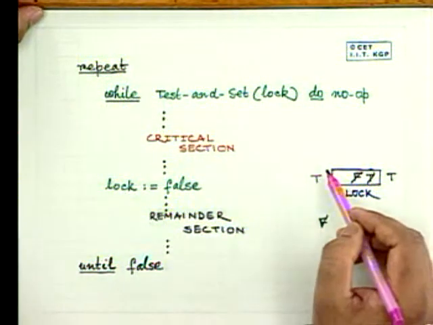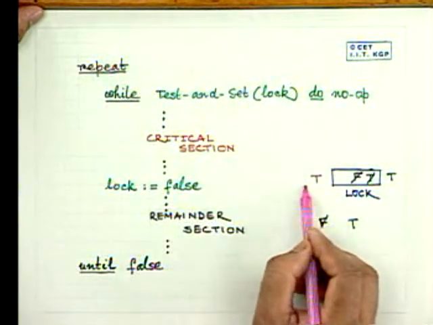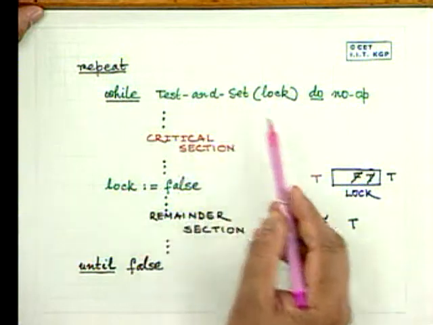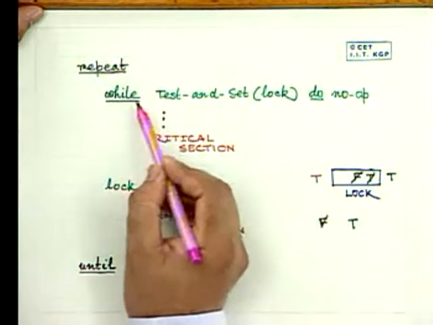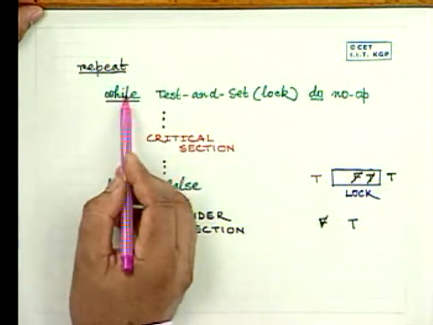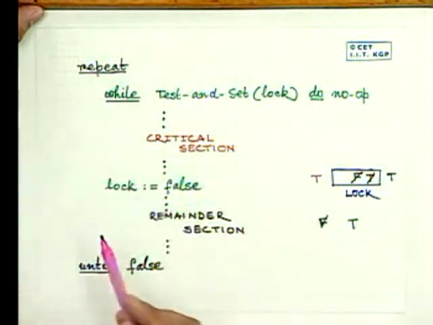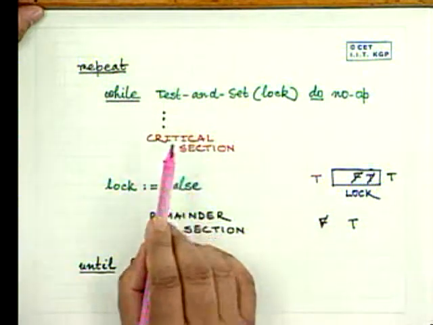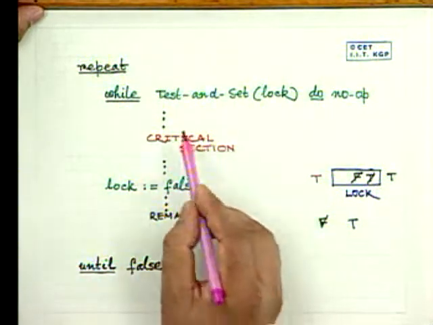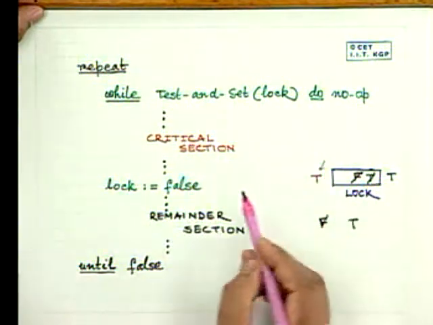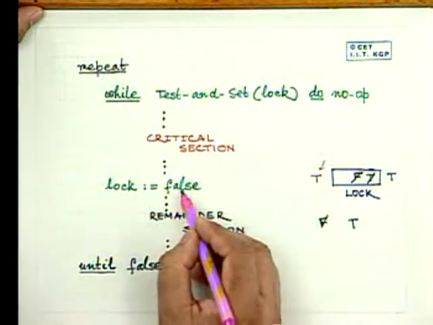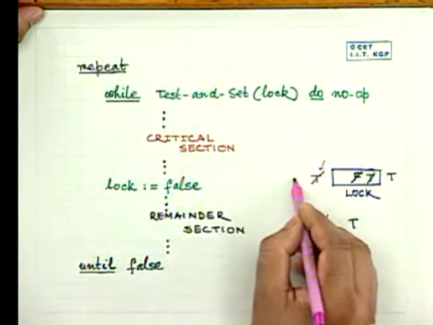The other processes will go checking it by reading test and set, and if it is true, they will wait on true and keep it true. Therefore they will basically busy wait. All other processes will busy wait over here until the process which entered the critical section by making it true comes out of the critical section by turning this lock to be false.